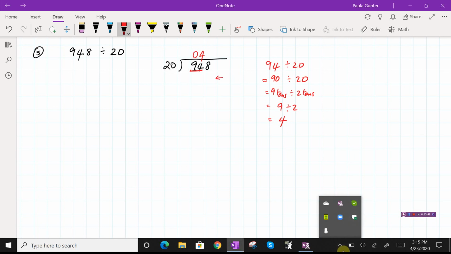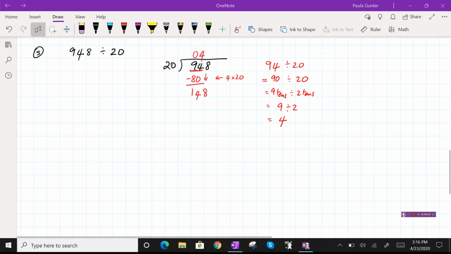I will now multiply 4 times 20. 4 times 20 is 80. I subtract, and I get 14. It's smaller than 20, so I may proceed to bring down the next place. Sorry about that. And we get 148. 148 is now going to be divided by 20.